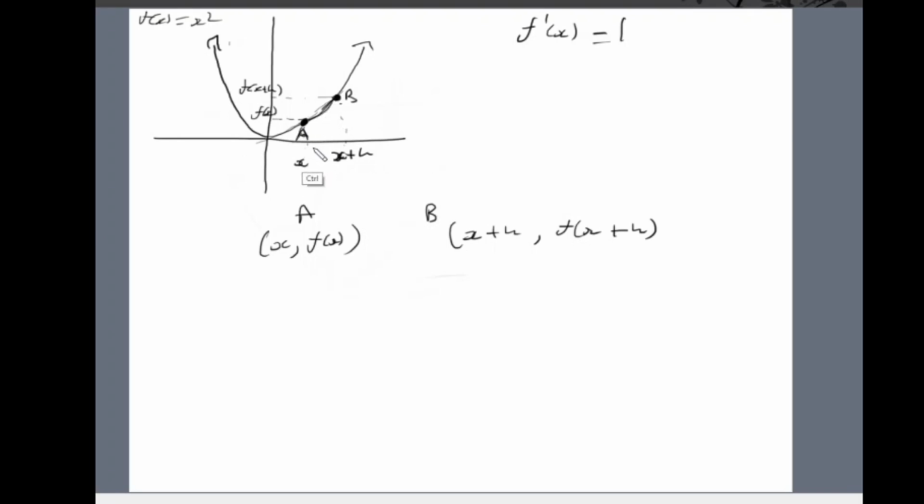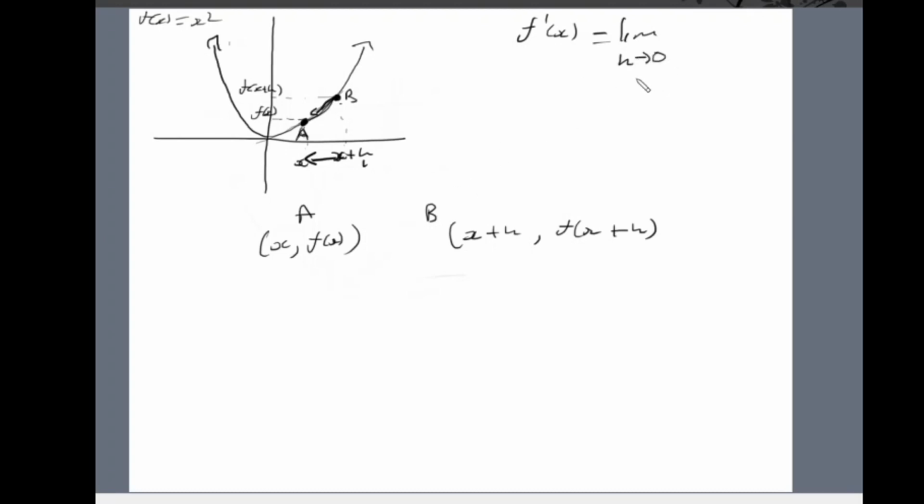But now we are interested in the gradient of this curve at a specific point A. So to have an estimate of this gradient, we have to move point B closer to point A. The way to do that is to make h as small as possible, which is why we say the limit as h goes to 0.